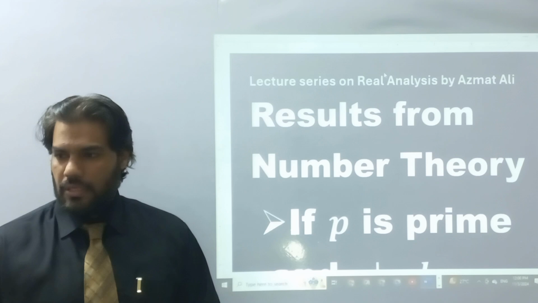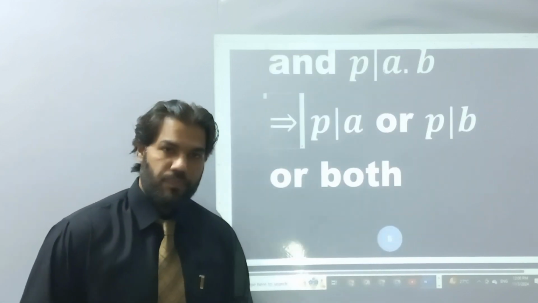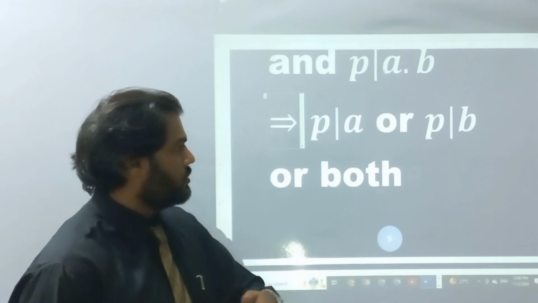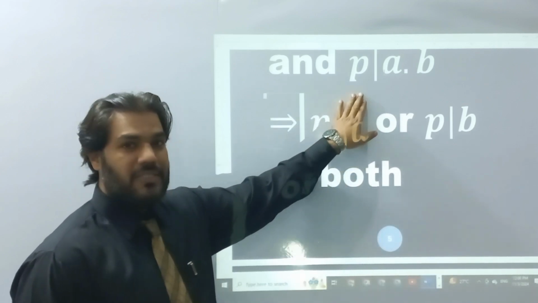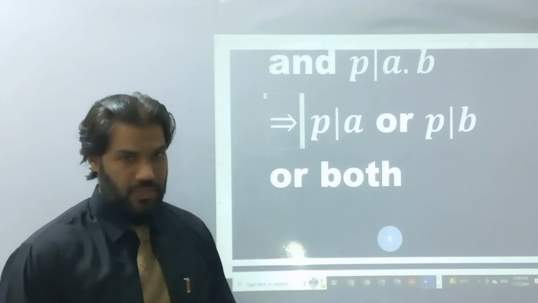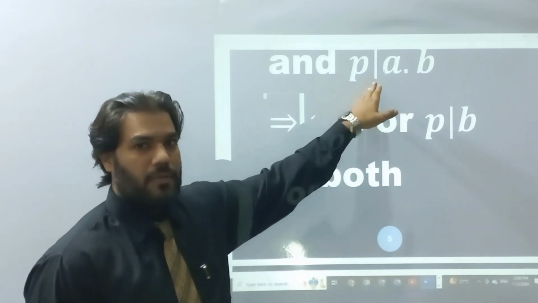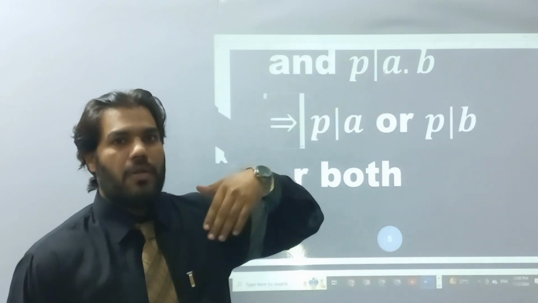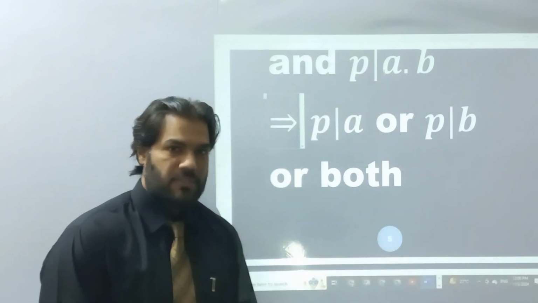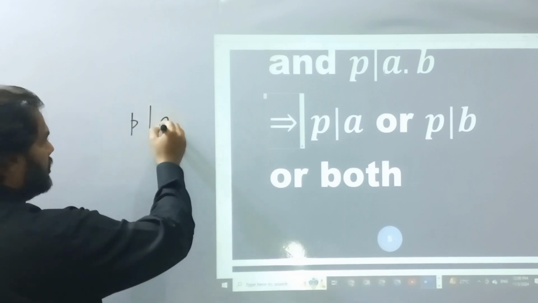The first result from number theory that we will use: if P is any prime and A and B are two positive integers, P divides AB.